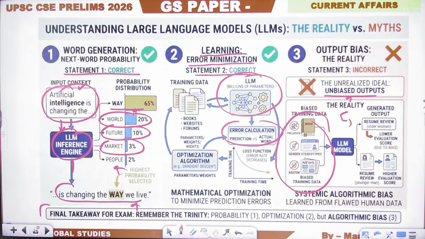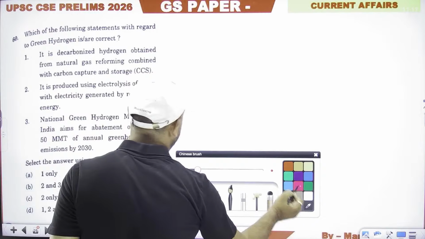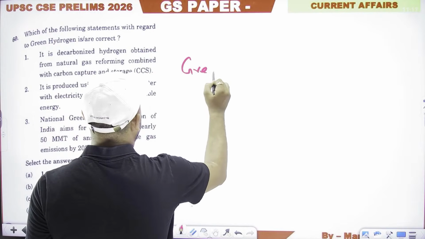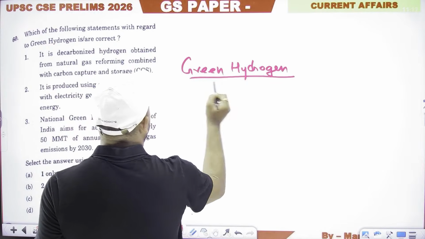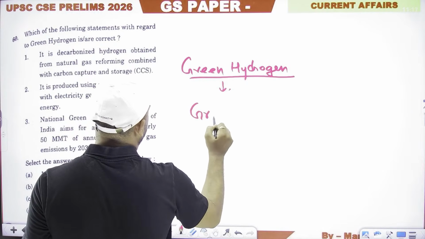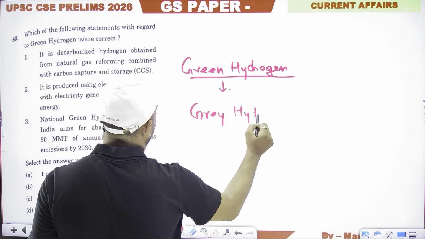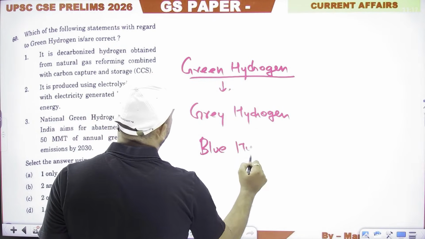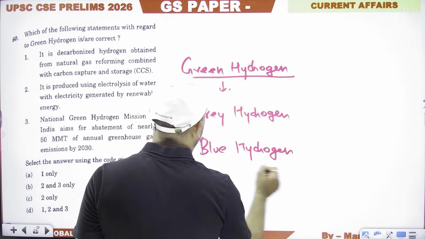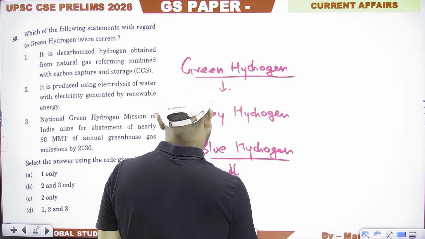Now we'll move toward the next question, question number 60, which is asking about green hydrogen. Firstly, understand the difference between grey hydrogen and blue hydrogen. A lot of methane we usually get from the sea.